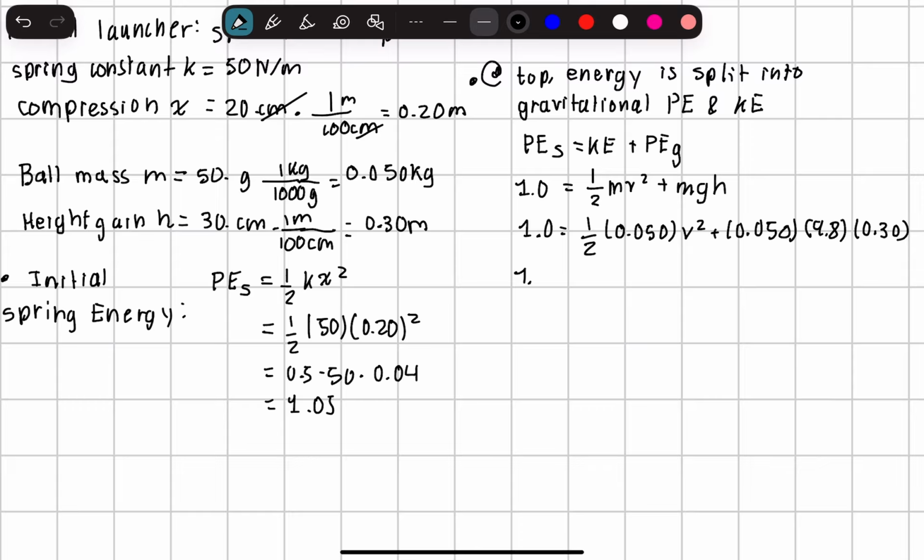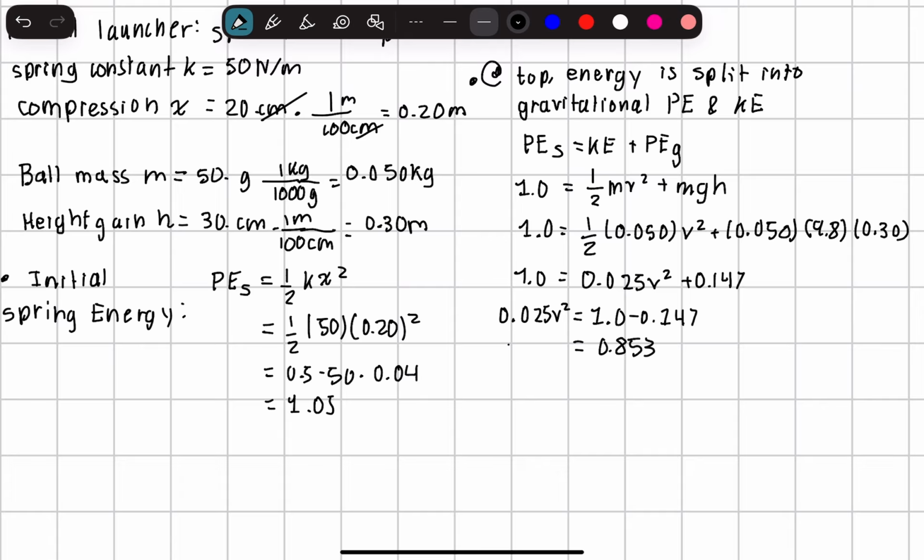So that's going to be 1.0 is equal to 0.025 v squared plus 0.147. So rearranging this, 0.025 v squared, just to get v squared by itself, is going to be 1.0 minus 0.147, and this is going to be equal to 0.853.